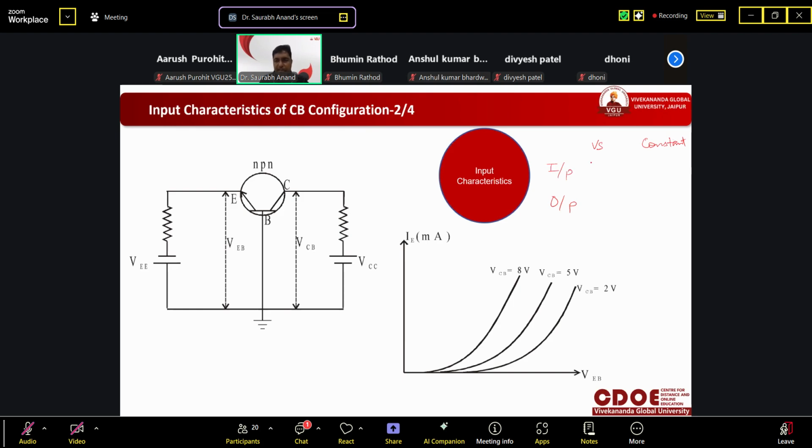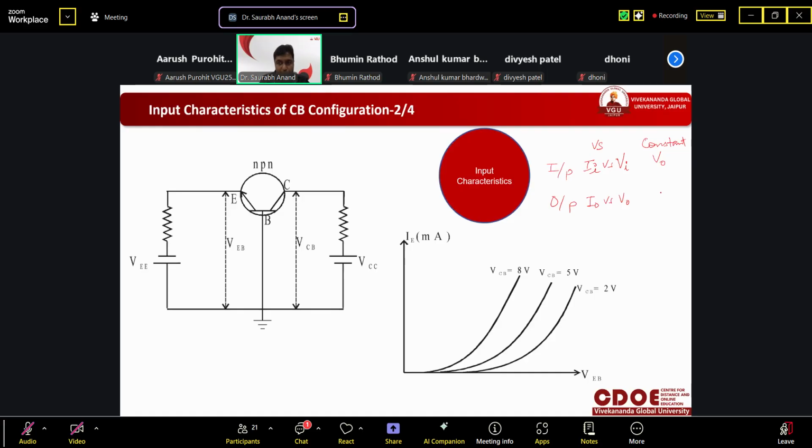Input characteristics will be drawn between input current versus input voltage. Similarly, for output characteristics, it will be output current versus output voltage. Both will be input, both will be output, but the constant value in case of input characteristics will be output voltage. We have to keep the output voltage constant at any value, and we will vary the input value. Accordingly, we will get this graph.